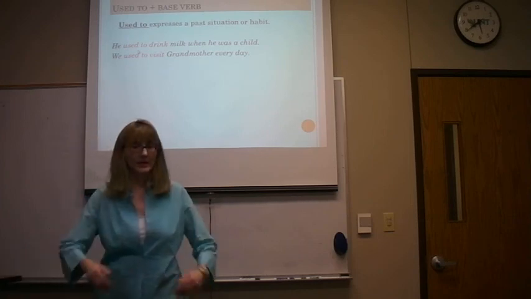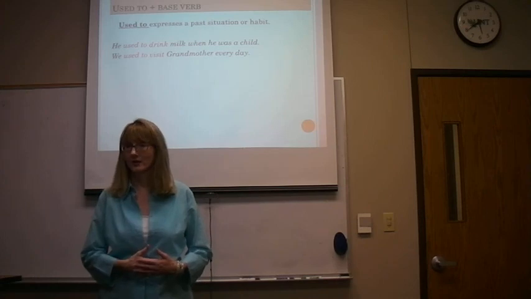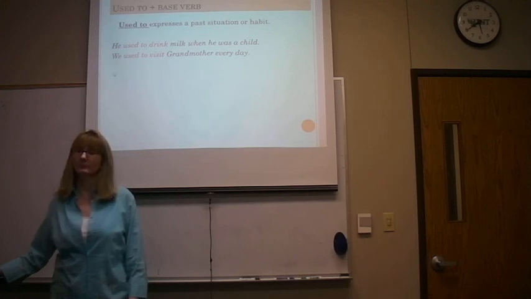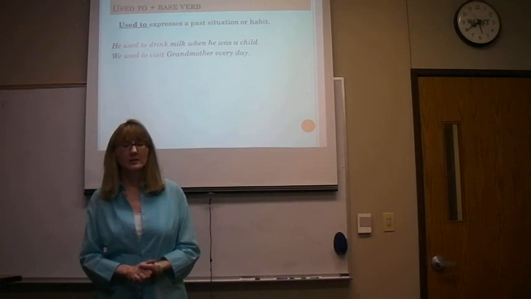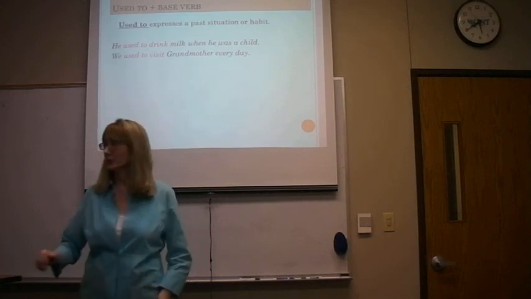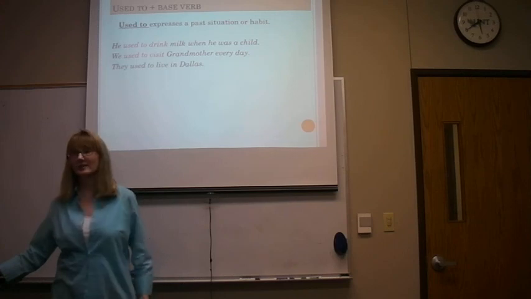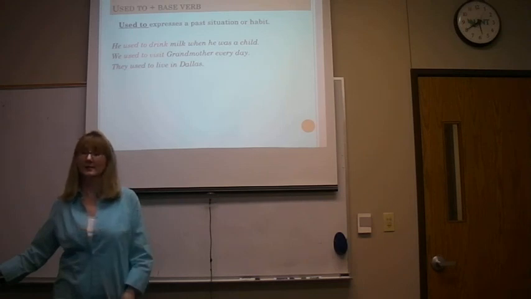This means that he's an adult now and he does not drink milk. Or, we used to visit grandmother every day. Well, we don't visit grandmother anymore, so we say we used to. How about they used to live in Dallas? This means that now they do not live in Dallas any longer.